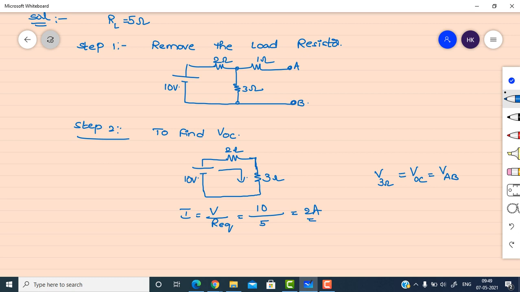Is it clear? Suppose if there is a resistor, that 1 ohm is there in the circuit, let us suppose, and you have to find out the open circuit voltage.